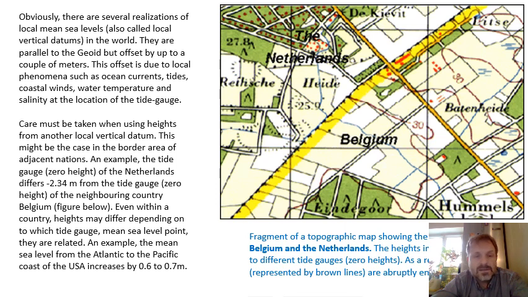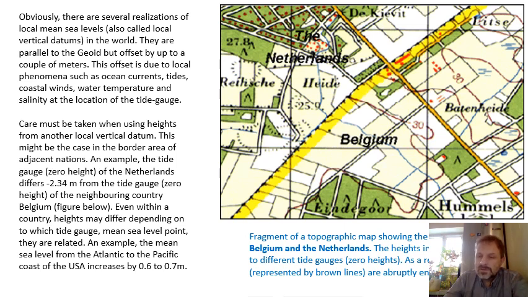This might be the case in the border area of adjacent nations. An example: the tide gauge zero height of the Netherlands differs by more than 2 meters from the tide gauge zero height of the neighboring country, Belgium.